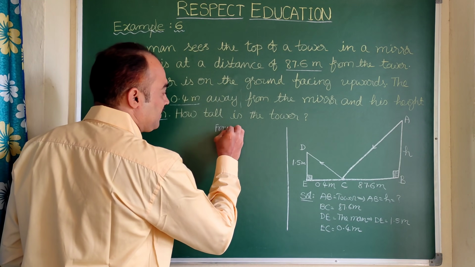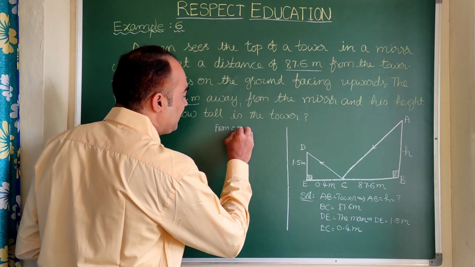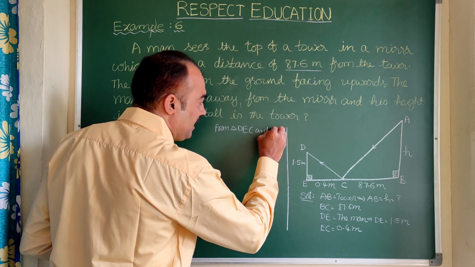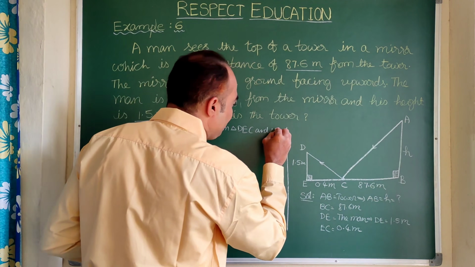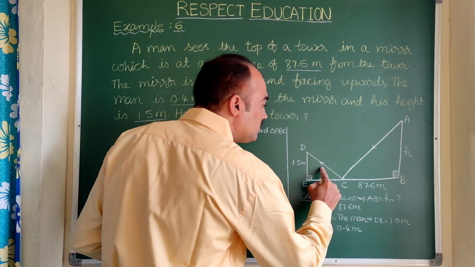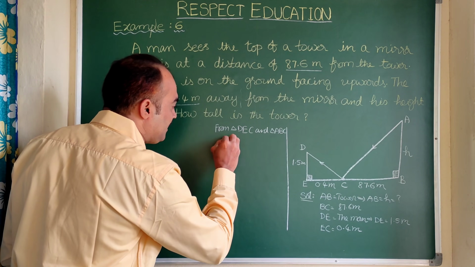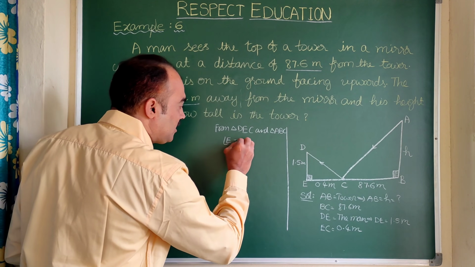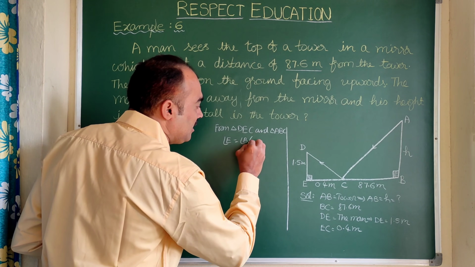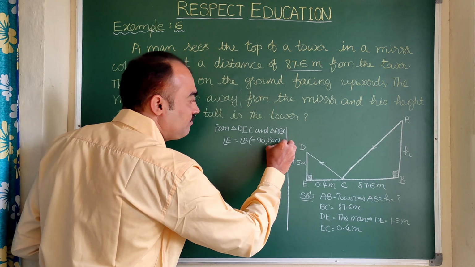From triangle DEC and triangle ABC, now we are going to compare both the triangles. We can write in DEC I am taking angle E, the corresponding value is angle B in triangle ABC, is equal to 90 degrees each.